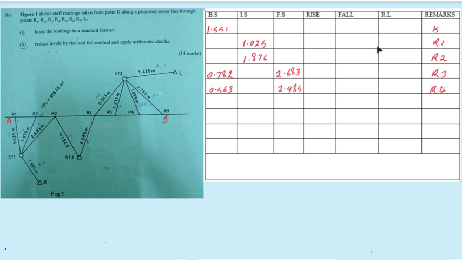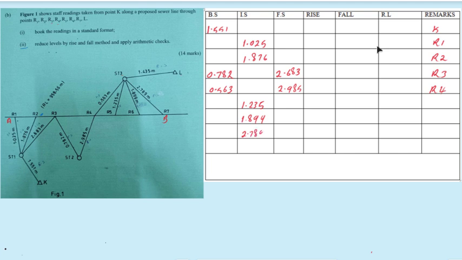So we have a back site of 0.563. And with that, we have the other readings, which will be our intermediate sites. We have an intermediate site of 1.235, then another intermediate site of 1.899, and then another intermediate site of 2.789.